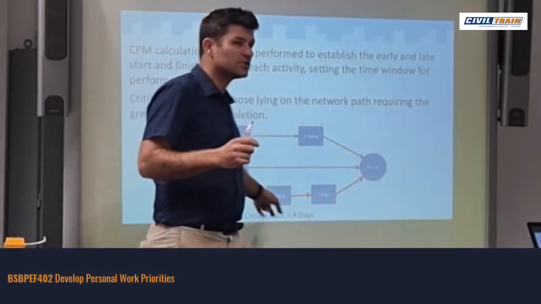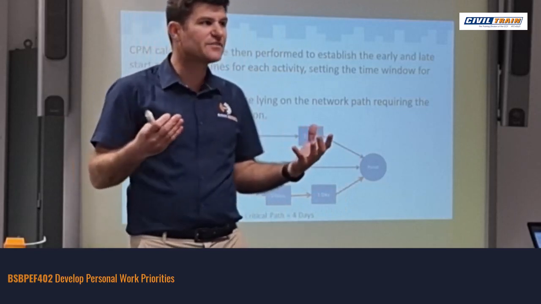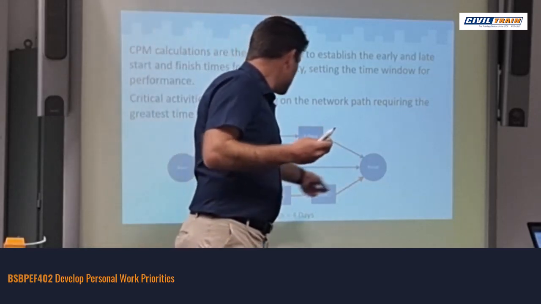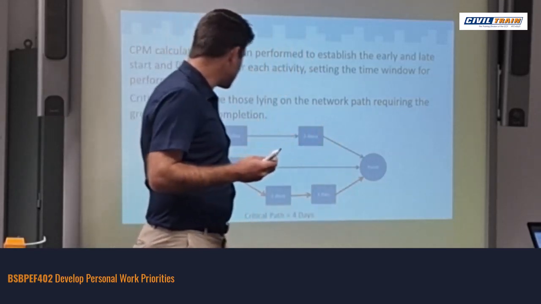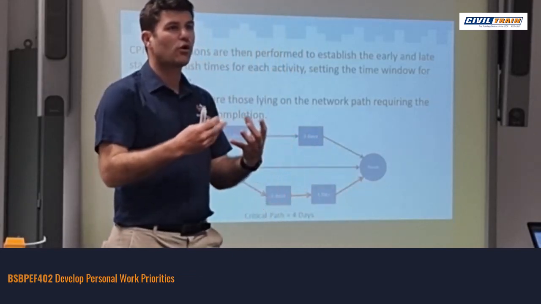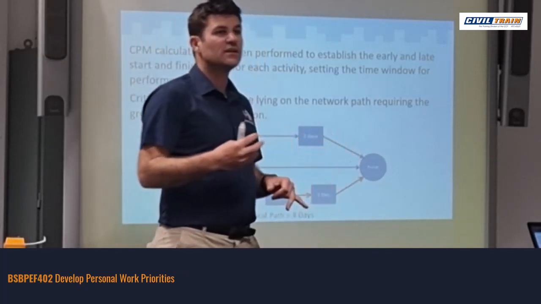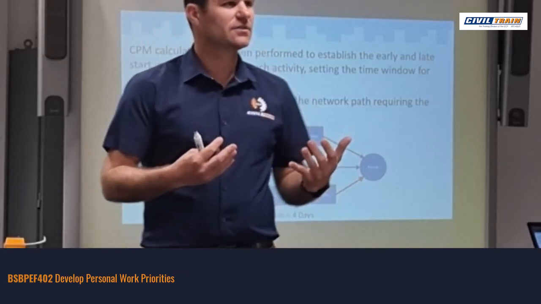If I planned that I was going to take 4 days to do this, my critical path is the longest duration. Because what we're saying is if I'm doing these activities in 4 days, hypothetically, if I've got the right team allocation, I should be able to complete these within that 4 days.